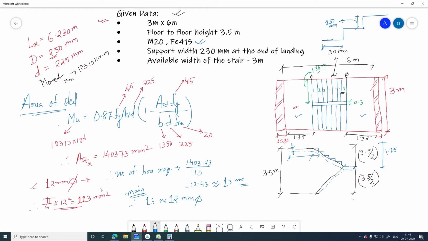So now we will determine the transverse reinforcement, which is provided in the transverse direction. This main reinforcement is provided in this particular direction, but now we need to provide the transverse reinforcement in this direction, which is perpendicular to the main reinforcement. So let's determine the transverse reinforcement.